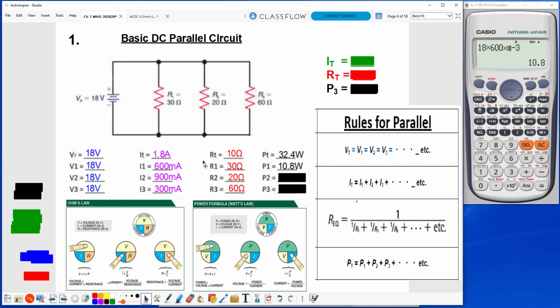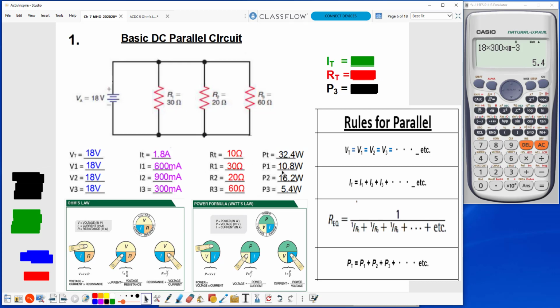For P2, I2 times V2, so I have an I2 of 900 milliamps. That gives me 16.2 watts. And finally for P3, I'll do 300 milliamps times 18 volts. So I'll go up here and I change the 900 to 300, and that gives me 5.4 watts.